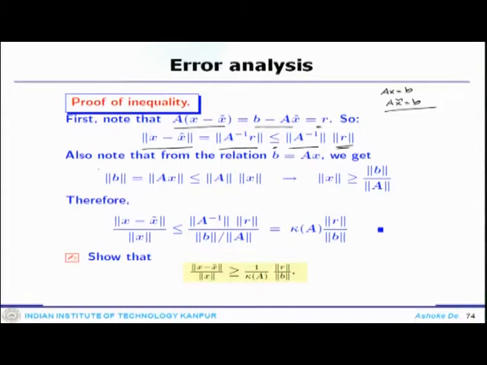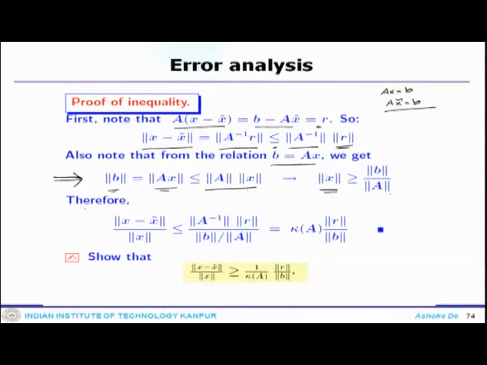From the relation b equals A x, you get the norm of b equals the norm of A x, which is again less than or equal to the norm of A times the norm of x. So, what one can write is that the norm of x is greater than or equal to the norm of b divided by the norm of A. You just use this simple relationship of the norms for vector and matrix.